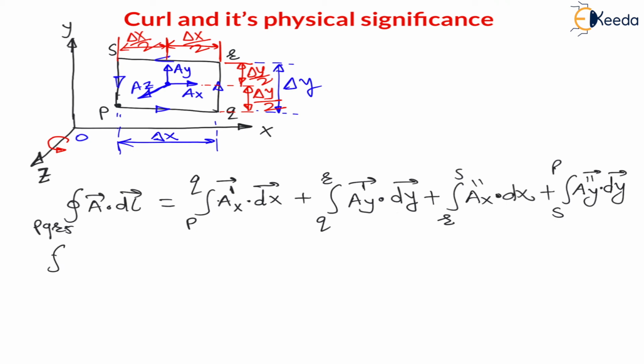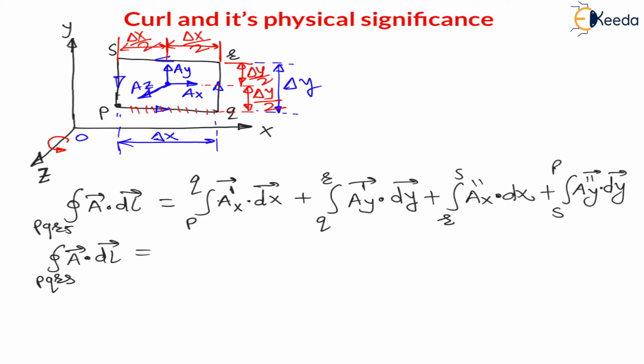For this closed loop line integral, vector A dot dl over a closed loop PQRS will be equal to, see, this can be written as complete integration of dx. This small dx I am adding. See here, small dx, if I add, I will get total distance, that is del x.